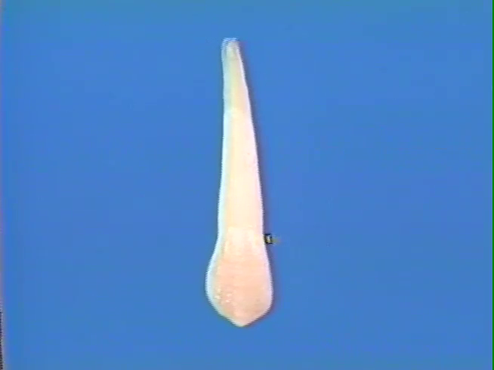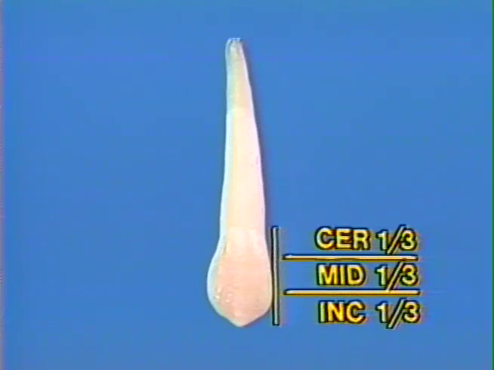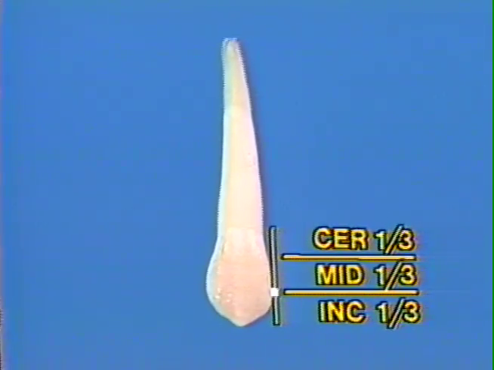Mesially, from the cervical line to the height of contour, the outline can either be slightly convex or possibly concave. From the height of contour, it exhibits a rounded mesio-incisal angle. The height of contour is located most commonly at the junction of the incisal and middle thirds.